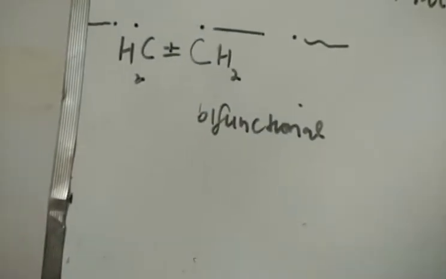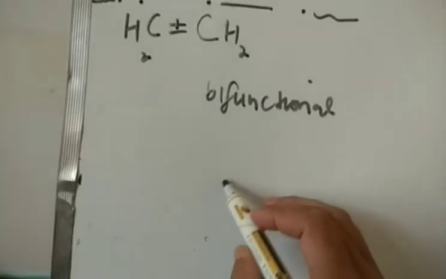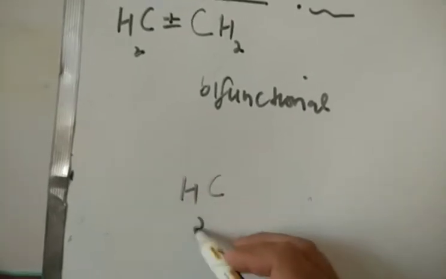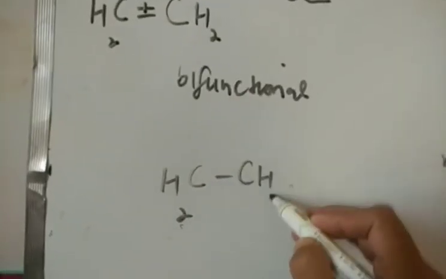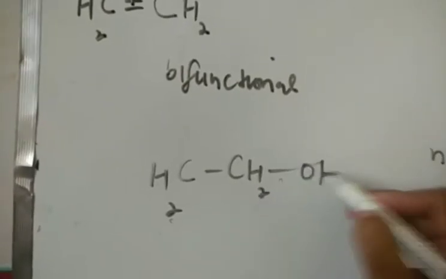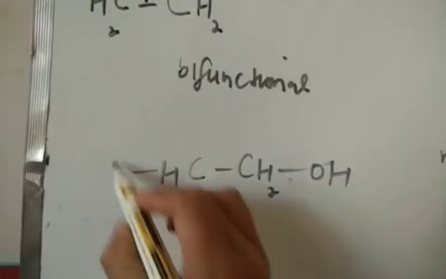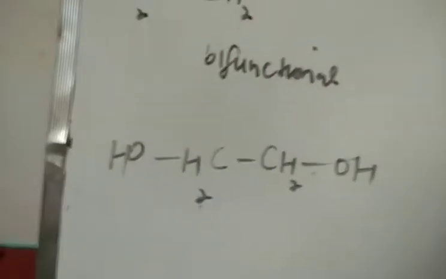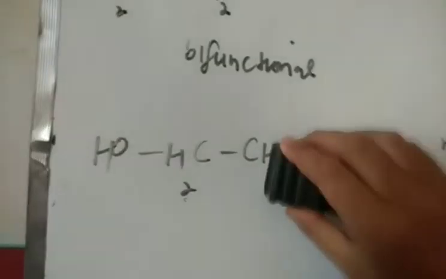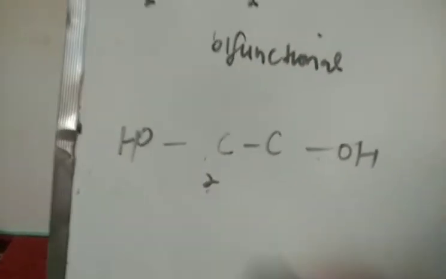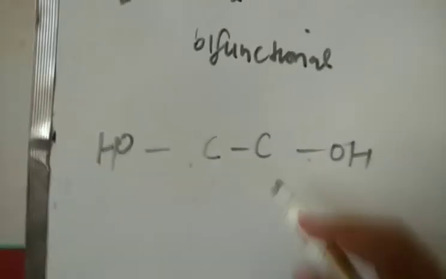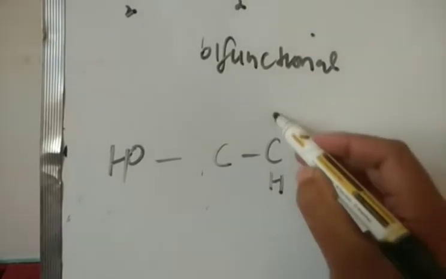Similarly, I can take the example of ethylene glycol. So ethylene glycol is CH2, and from this you have OH, and this side you have OH. इसको मैं थोड़ा सा clearly ऐसे दिखाएंगे, it's basically O bonded, because sometimes you get confused that it's H attached to carbon.